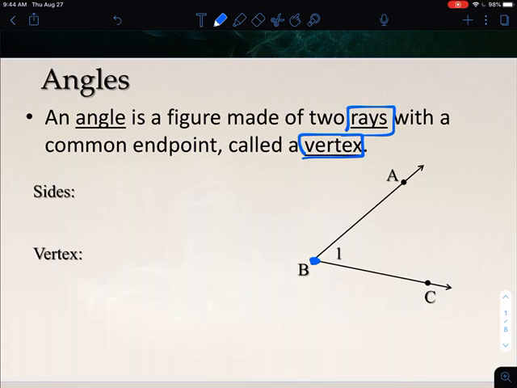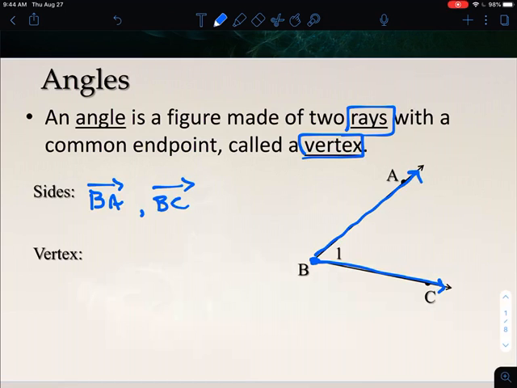We notice that we have a common endpoint where both rays are meeting at point B. So we have ray BA along the top side and ray BC along the bottom side. The sides of our angle are named by those rays, BA and BC.